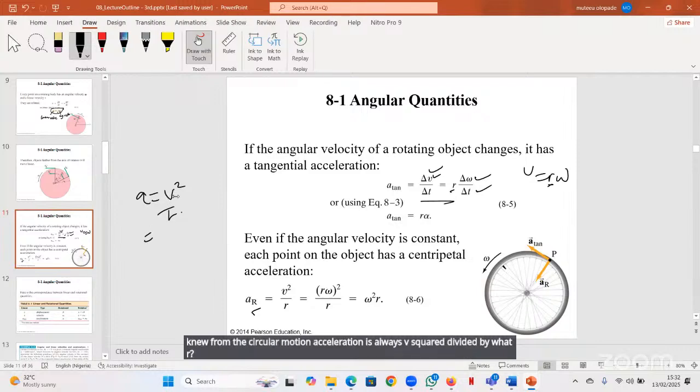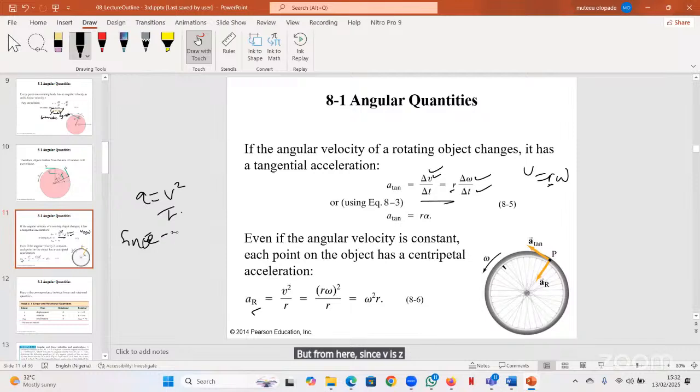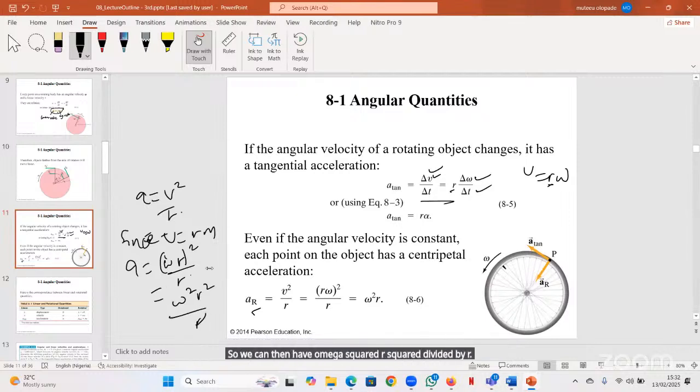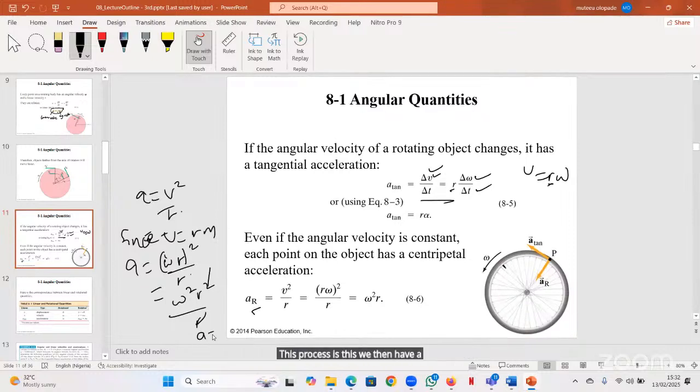R. But from here, since V is equal to R omega, we can then have that A will be equal to this square divided by R. So we can then have omega square R square divided by R. This cancels this.